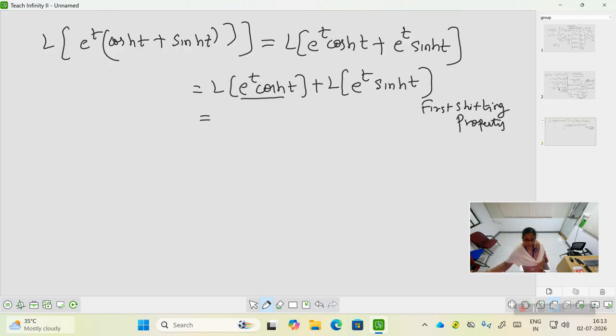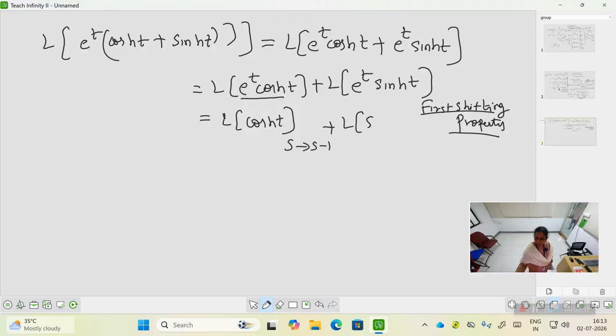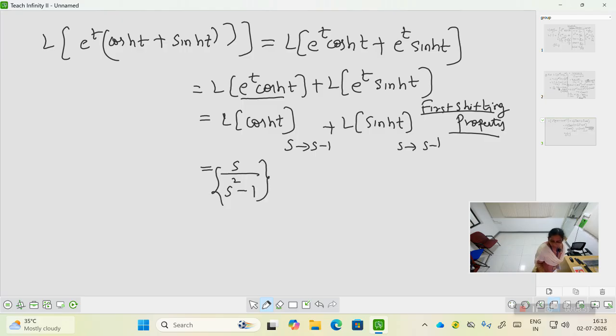So what happens if we apply this first shifting property? So I'll get L of cos ht, and then I have to replace s by s minus 1, plus L of sin ht, s tends to s minus 1. So now what is L of cos ht? Cos ht is s divided by s square minus 1, where I have to supply s as s minus 1.